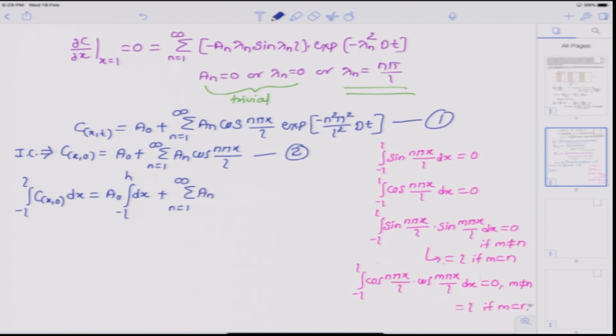So, we can take it outside the integrals, integral minus L to L cos of n pi x by L dx, and n is an integer here. So, using this second integral property, we see this integral will be 0.